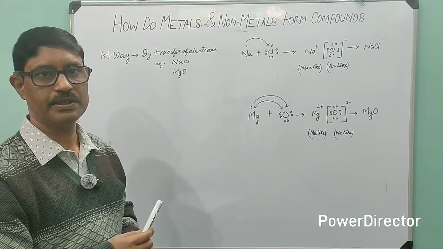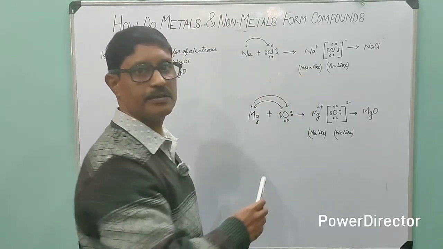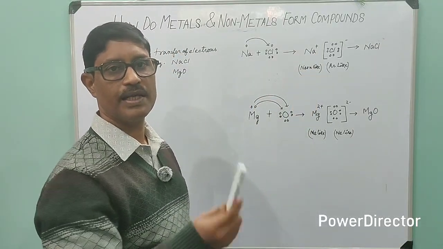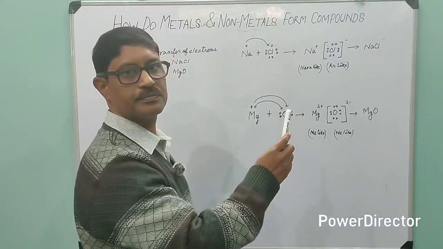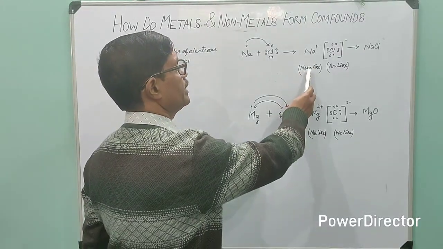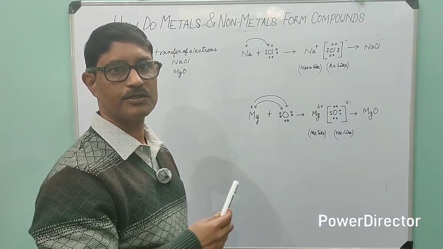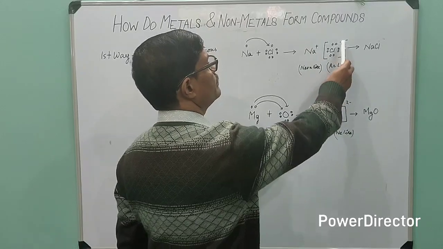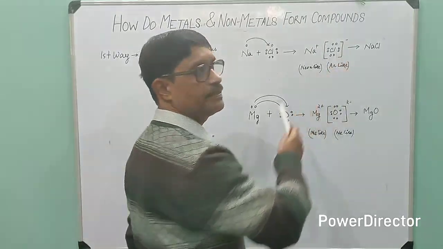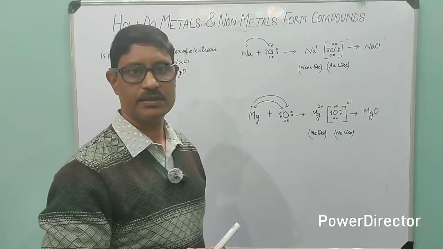Chlorine will accept it. As a result, sodium becomes a positive ion: 1 electron lost, 1 proton more, positive ion, and it gets a neon-like noble gas configuration. Chlorine, by accepting 1 electron, becomes a negative ion with an argon-like structure.